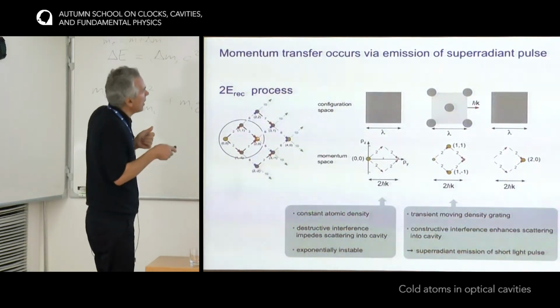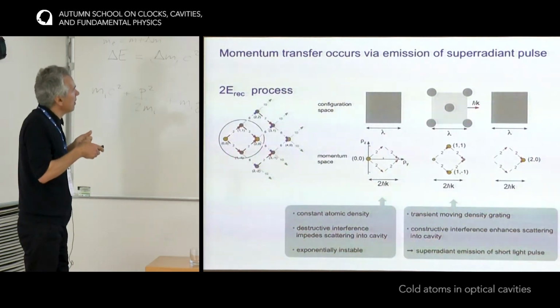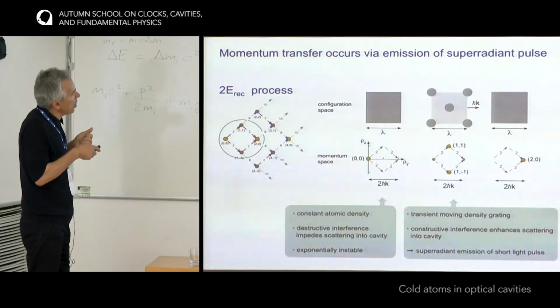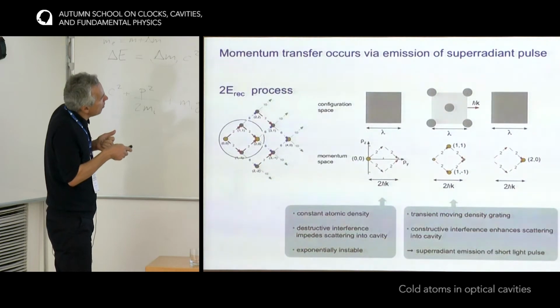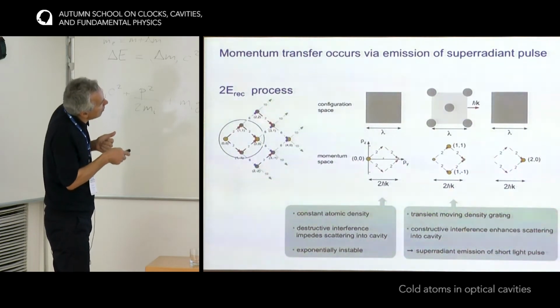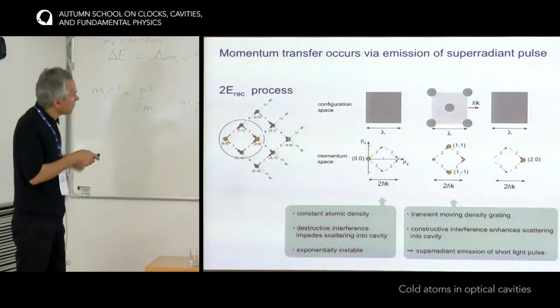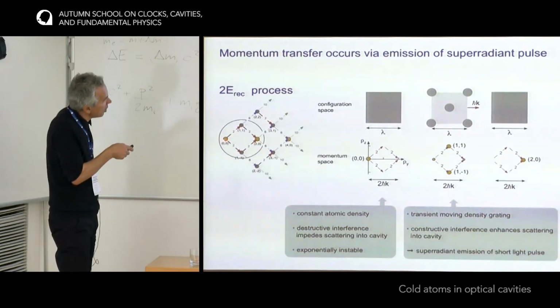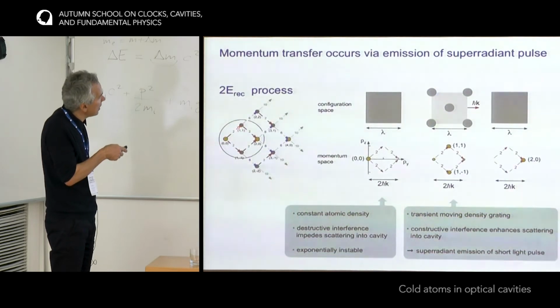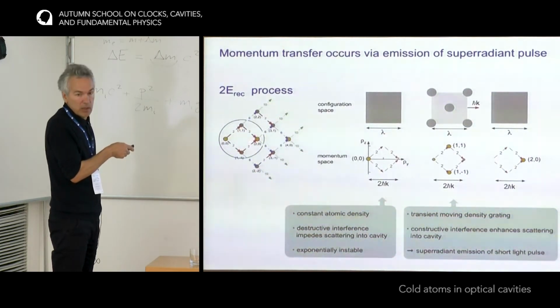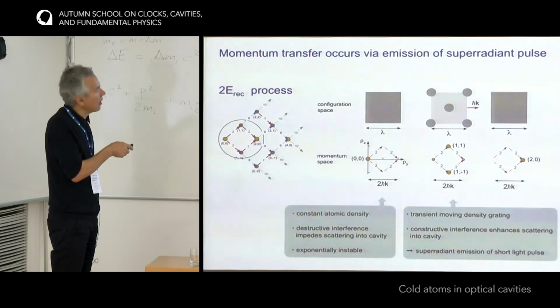Since kappa is small, we can tune the frequency of our photons that are coming from the sides such that only the processes indicated by red arrows are possible. So basically, starting with the Bose condensate in the 0,0 state, the only thing that can happen is that we excite to these momentum states 1,1 and 1,-1 h bar k, and then finally end up in the 2,0 state.